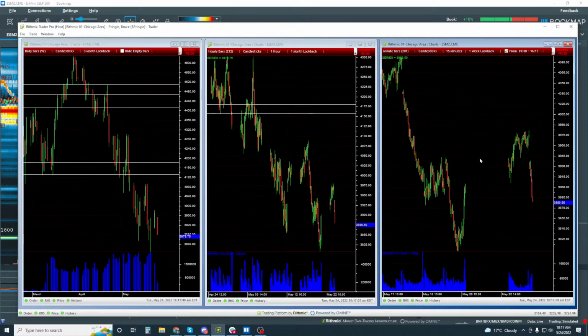Just because we're using, or at least I am covering, basically the same ideas in Bookmap on very low time frames, and then pulling that up into these much higher time frames as well.